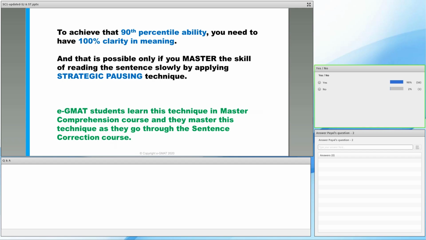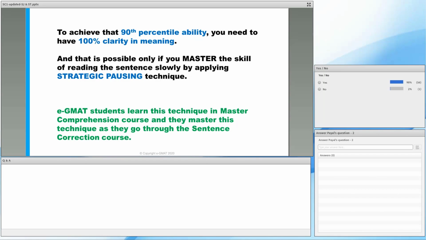Now, if you're an e-GMAT student, I would say that definitely go through the master comprehension module, because in this module, we teach you how to break down sentences so that you can understand the different use cases, the different meanings of the parts of the sentences, because comprehending the entire sentence at once might seem very difficult for you. Right.